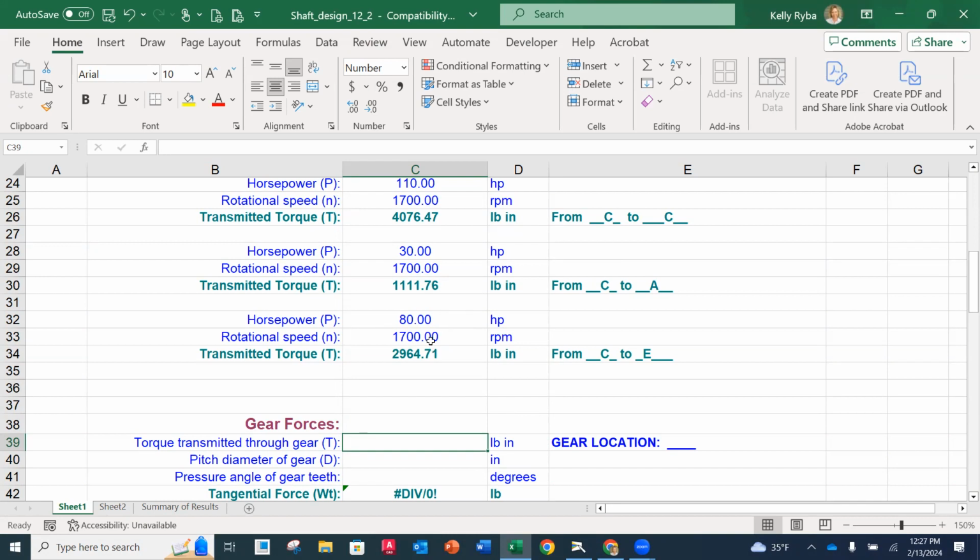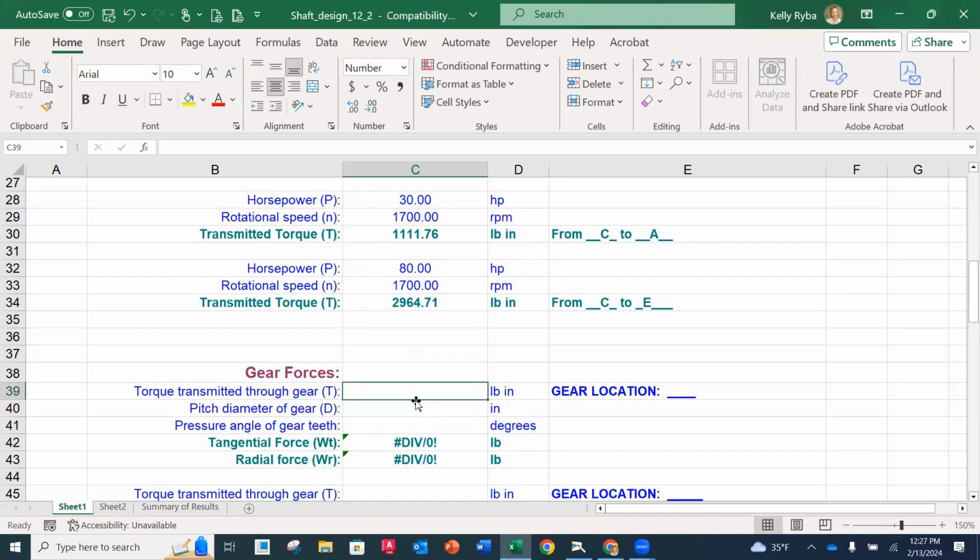So because the gear is at E, we're going to use this value. You can put in 65 if you want to round it, or it's right there, 2964.71 is going to be my value, and that's from above.